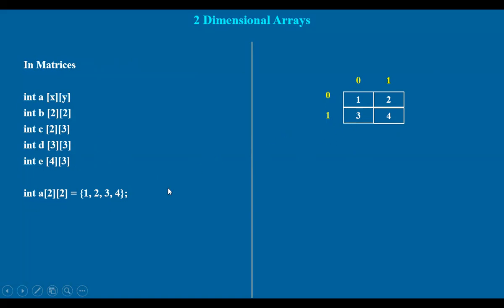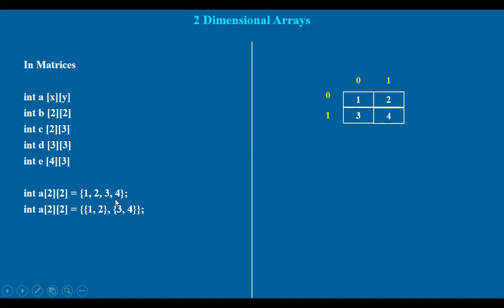To avoid confusion, we can have a better way of assigning the values of an array. For the same array, the initialization of the values is given like this. The first row elements, say 1 and 2, are kept in curly brackets separated by a comma.